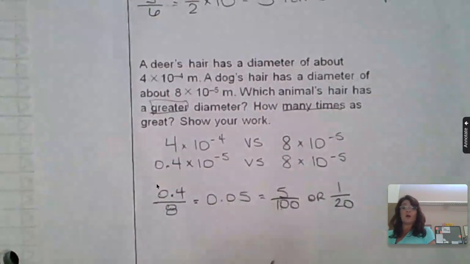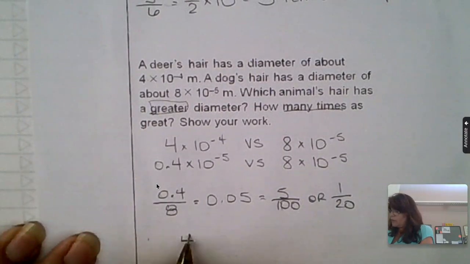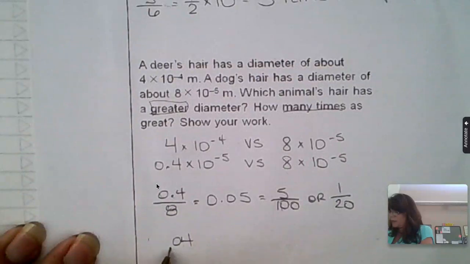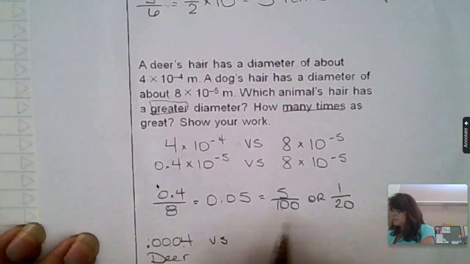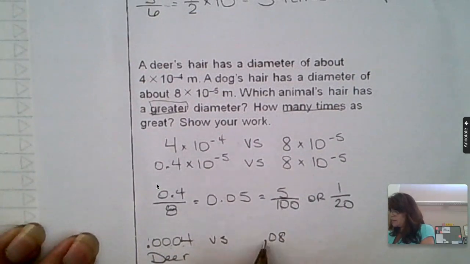Well, let's double check our work. 4, negative 4. 1, 2, 1, 2, 3, 4. Okay, that's deer. Versus 8, 1, 2, 3, 4, 5.